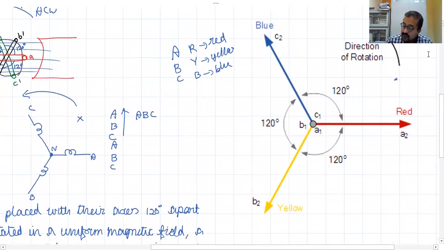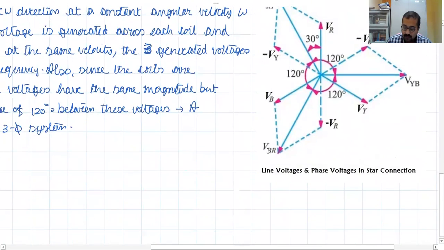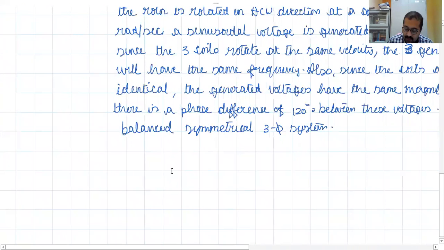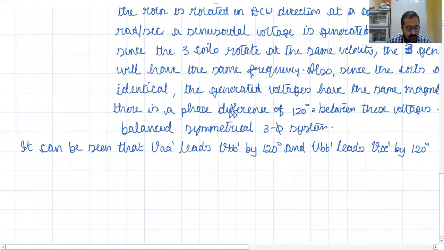Now it can be seen that in this phase sequence, the A phase or the red phase will be leading the B phase by 120 degrees. Similarly, the B phase will be leading the blue phase by another 120 degrees. Continuing, VA dash leads VB dash by 120 degrees, and VB dash leads VCC dash by 120 degrees.